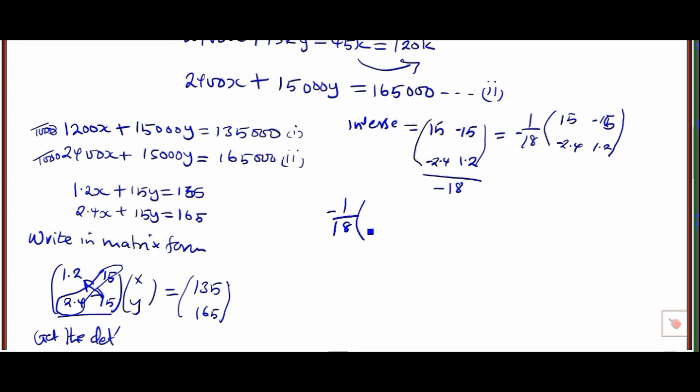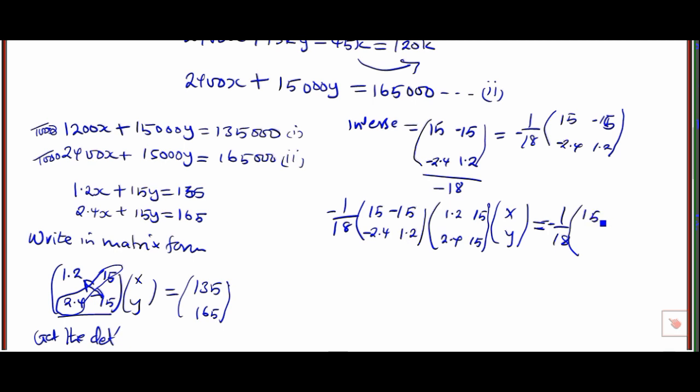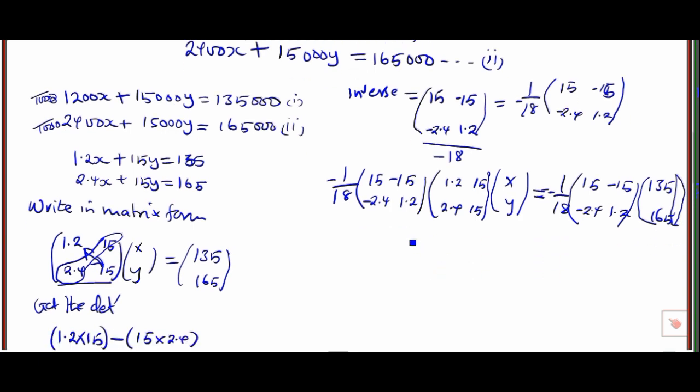In other words, you take negative 1 over 18 times 15, negative 15, negative 2.4, 1.2, multiplied by what was on our left hand side, that is 1.2, 15, 2.4, 15, multiplied by x, y, and this equals, again multiplied by the inverse matrix, 15, negative 15, negative 2.4, 1.2, and then multiplied by 135, 165. So this is how you multiply.